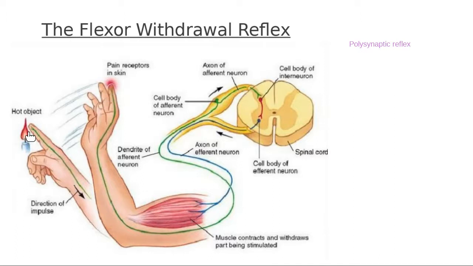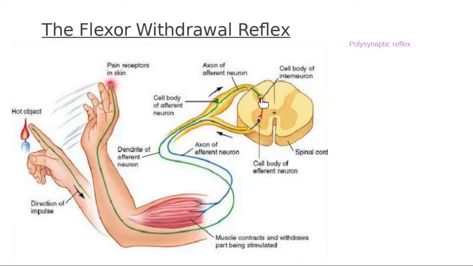But if you touch something hot, we detect that with our sensory neuron. So our sensory neuron here in green collects that heat information, that pain information. It goes in through the dorsal root. There's the dorsal root ganglion. Sensory information comes into the dorsal horn, and it synapses with an interneuron in the dorsal horn.